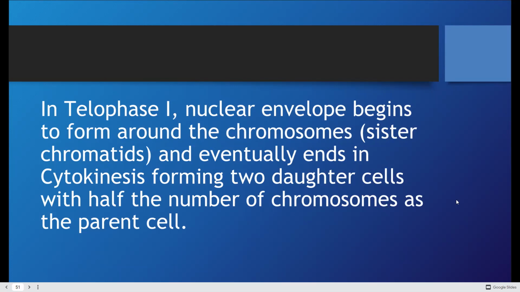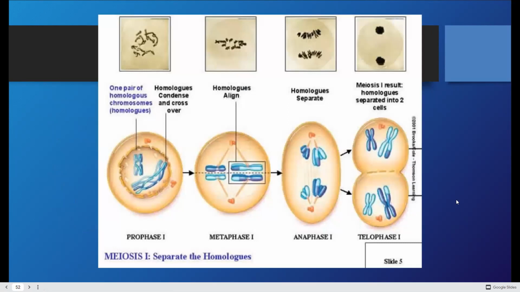When you see cytokinesis, this is now the end part of telophase 1. You can actually observe some cleavage or furrow in the cell. Okay, this is now your telophase 1 of meiosis 1.